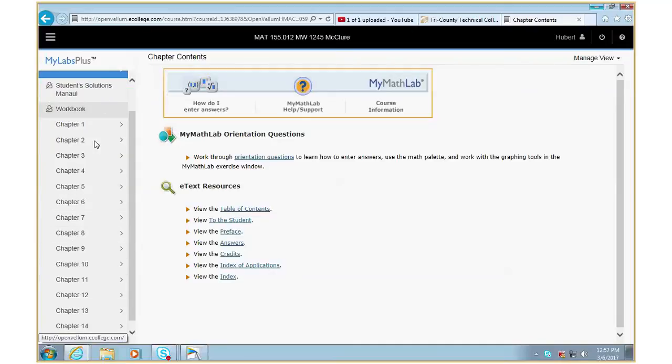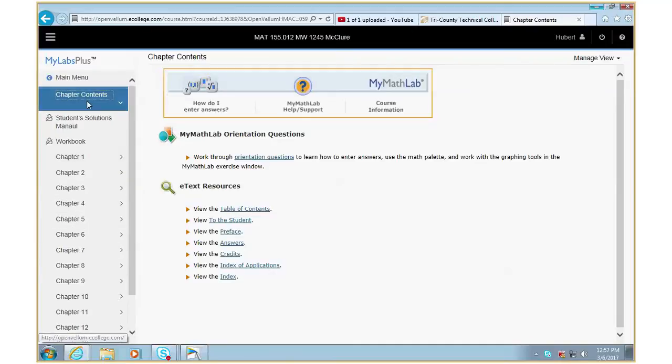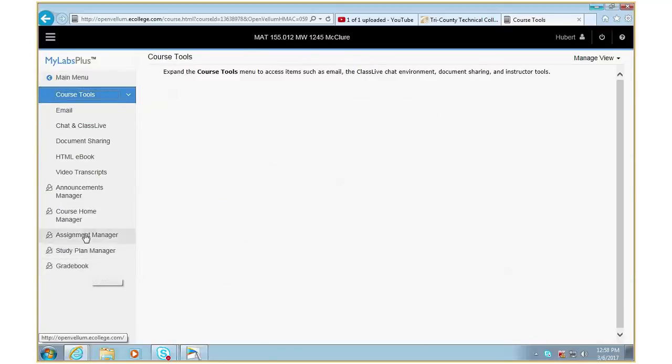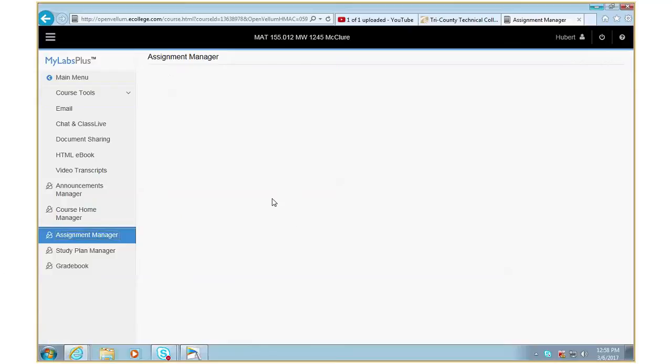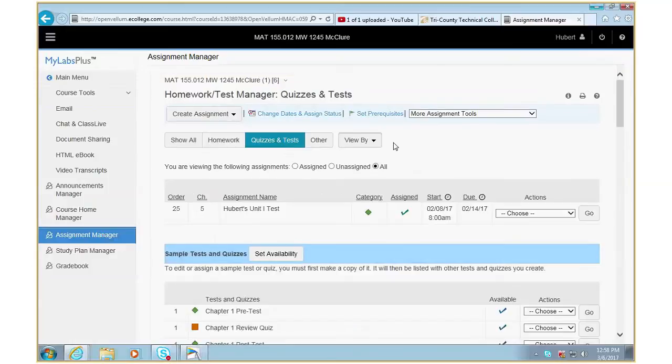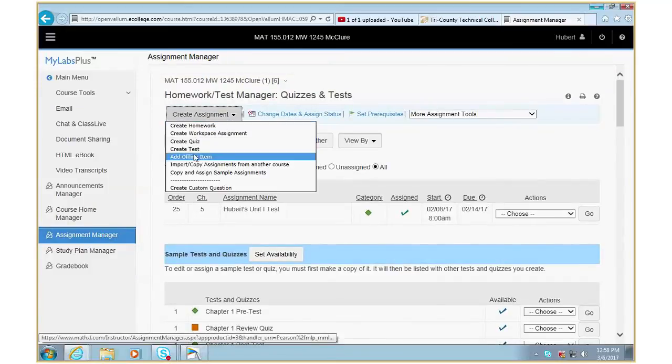So let's look at those tests, and I'll go ahead and open those up, so y'all will have those where you can work on them. And they'll be due on the last day of the semester. I'll go ahead and bring them in. Let's see, import.